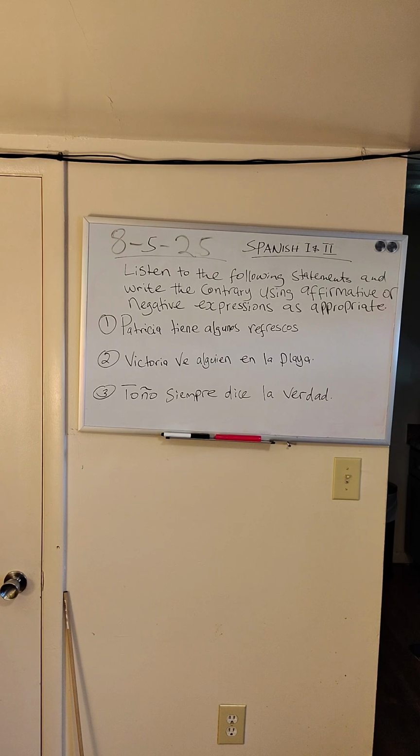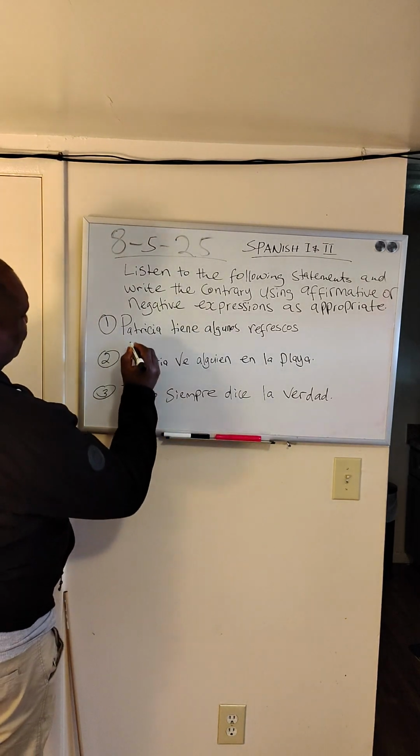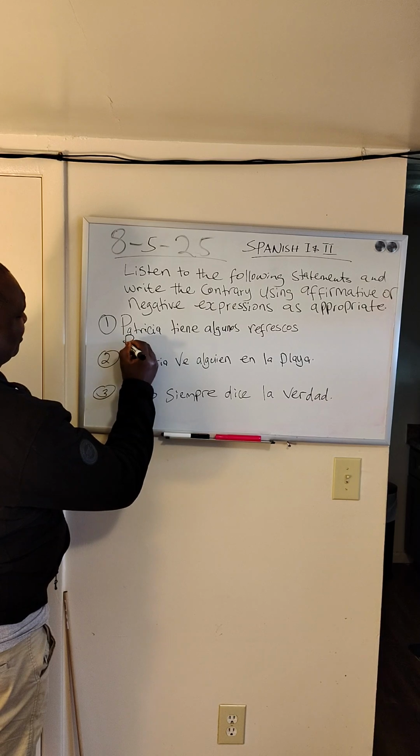So now let us write that on the contrary. Remember the first statement is Patricia tiene algunos refrescos. To write that on the contrary, we're going to say Patricia no tiene ningún refresco.